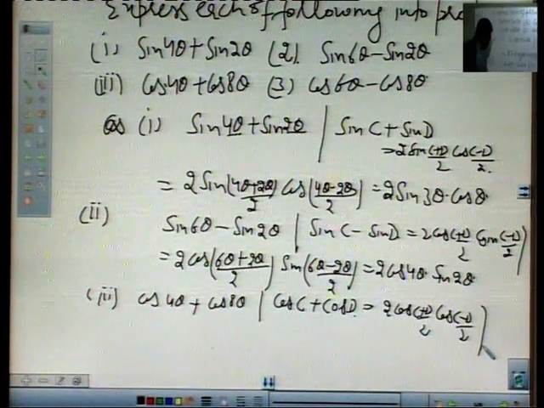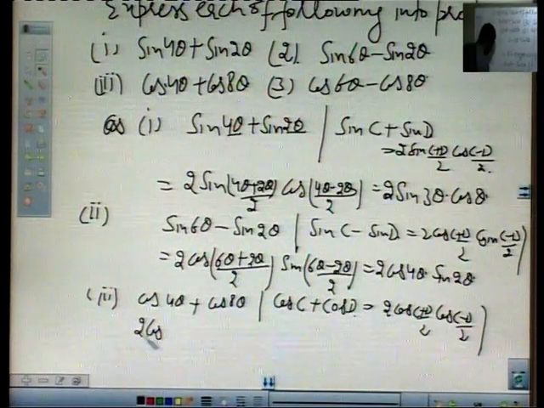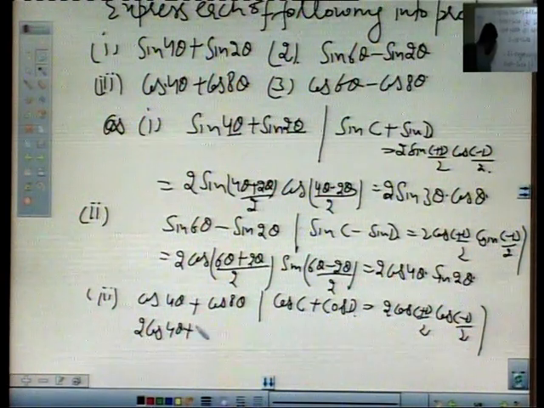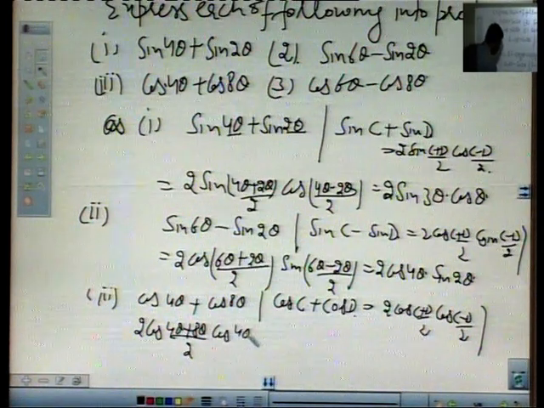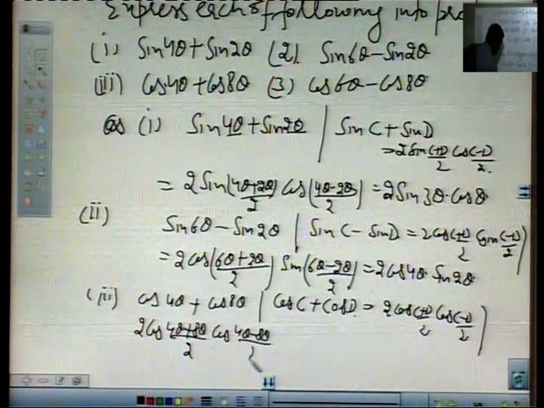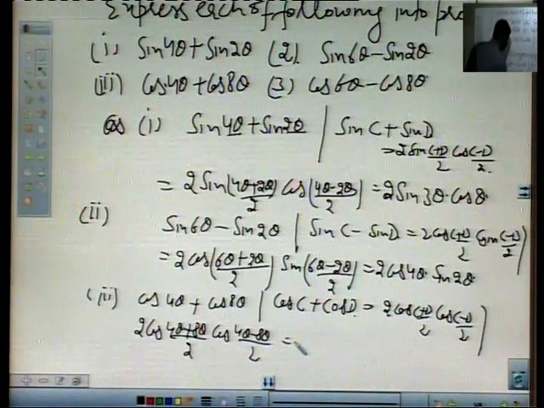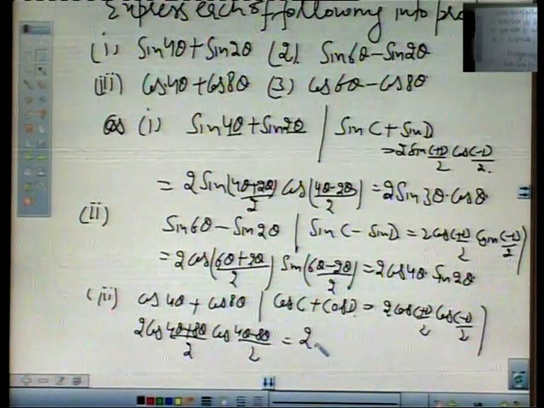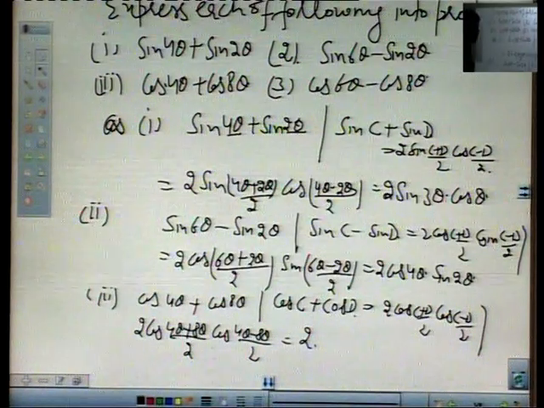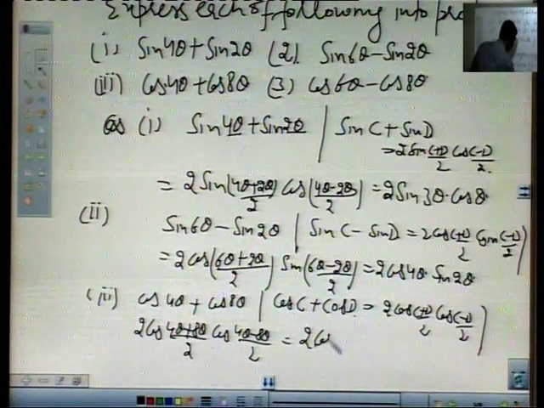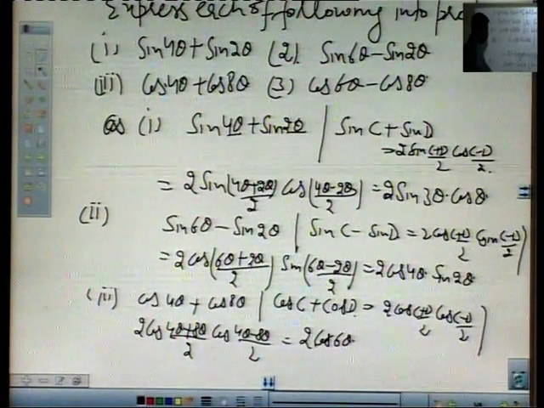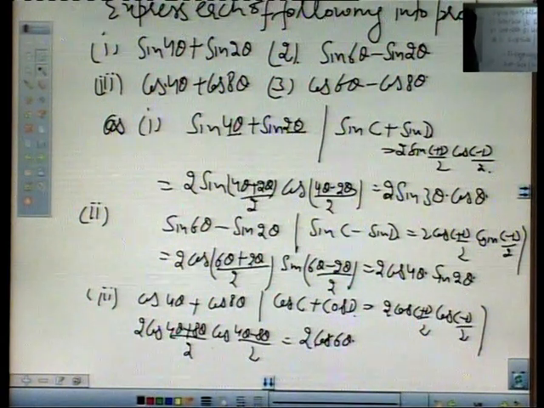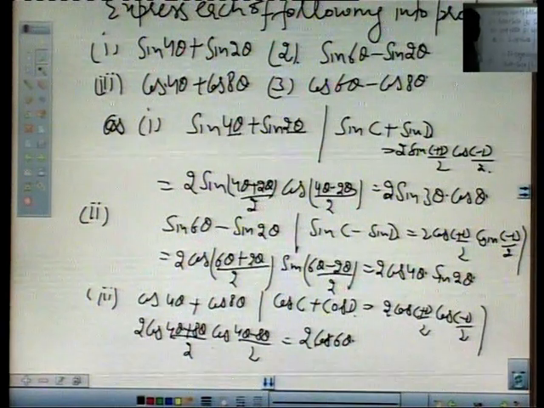So this is 2 cos of 4 theta plus 8 theta by 2 cos of 4 theta minus 8 theta by 2, and you know 8 theta plus 4 theta is 12 theta and divided by 2. So it is cos of 6 theta, and here you see cos of 4 theta minus 8 theta, which is minus 4 theta.